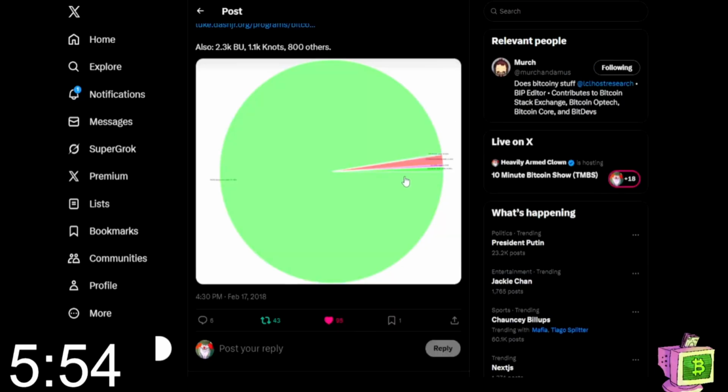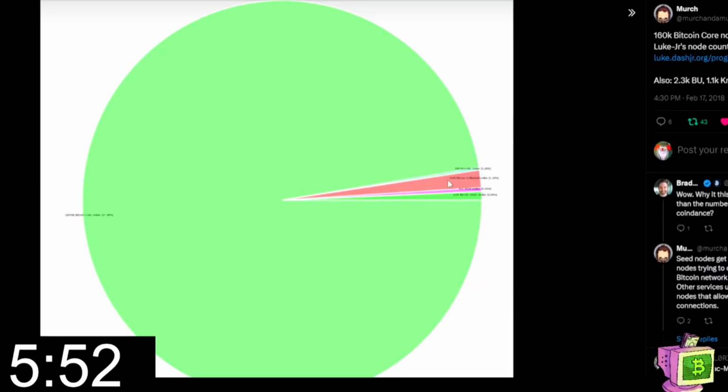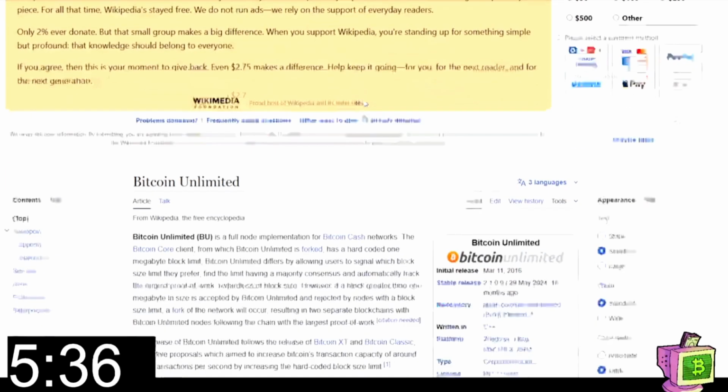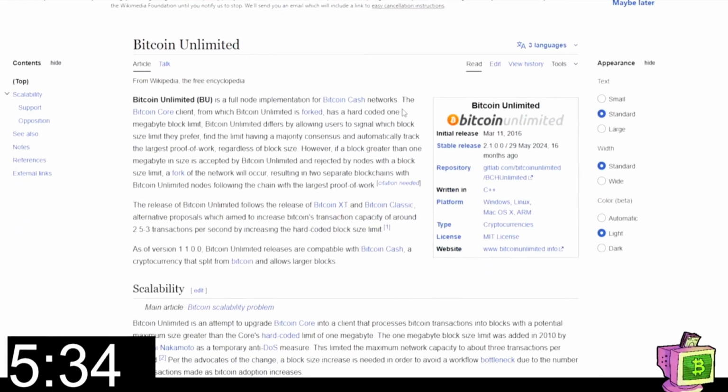What I want to talk about is this. Because back in 2018, the leading minority implementation was Bitcoin Unlimited. And for those of you that are new today, you might not even know what that is. You might wonder, like, Bitcoin Unlimited, I've never even heard of that. Where is that? Why don't we switch to that? Well, Bitcoin Unlimited went on to become Bitcoin Cash.